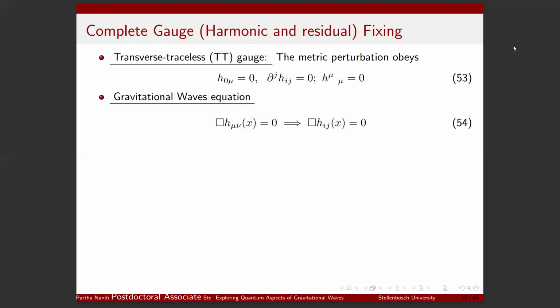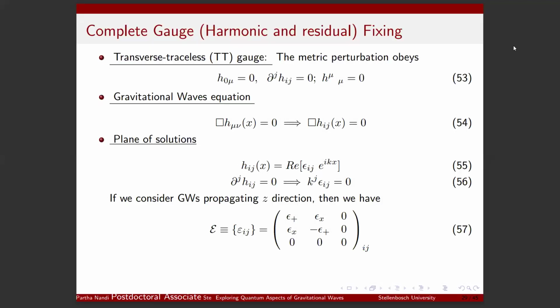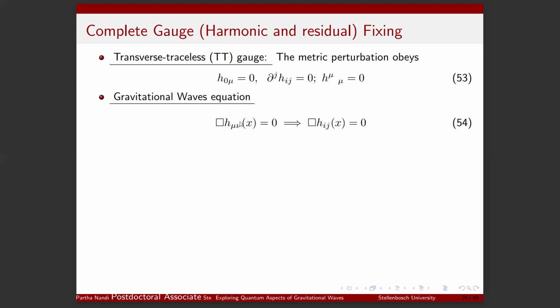So one can argue that due to 2 independent components, when gravity is quantized we expect the gravitational quanta to be a spin 2 particle, which is basically the polarization state. So 2 polarization states.